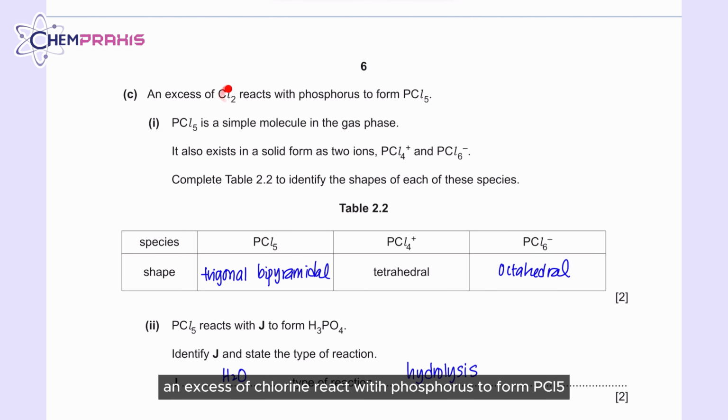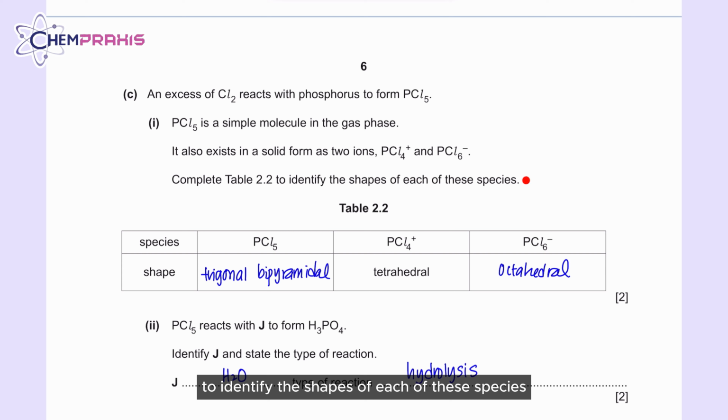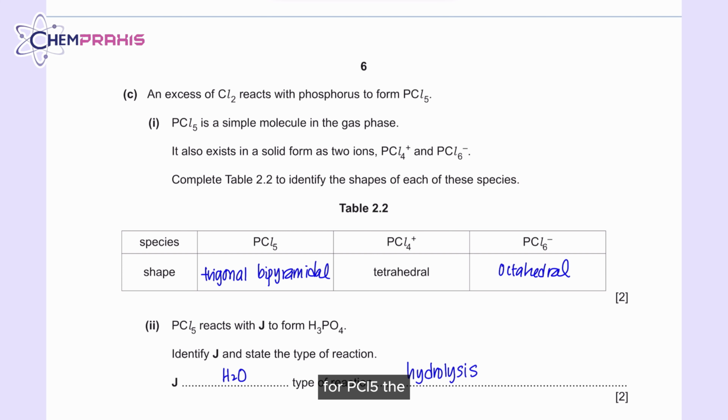An excess of chlorine reacts with phosphorus to form PCl5. PCl5 is a simple molecule in the gas phase. It also exists in a solid form as 2 ions, PCl4 positive charge and PCl6 negative 1 charge. Complete table 2.2 to identify the shapes of each of these species. For PCl5, the structure looks like this.